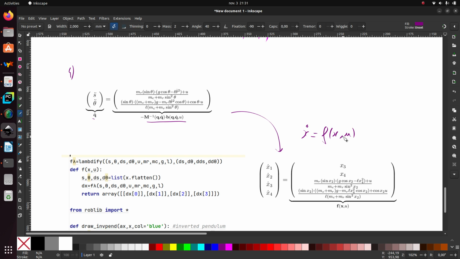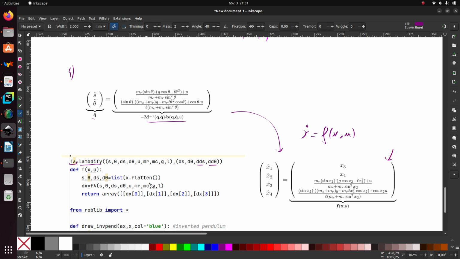Since I have an expression of q double dot with respect to q and q dot, it means that I am able to express s double dot and theta double dot with respect to s, theta, s dot and theta dot, and the parameters also. So to obtain a Python function, I use lambdify on this expression.